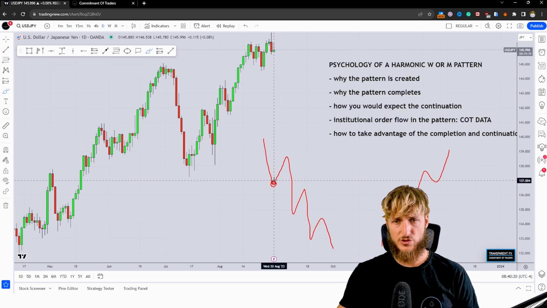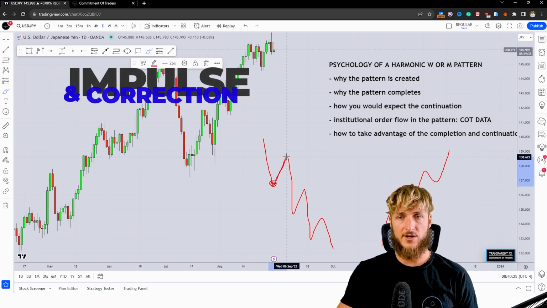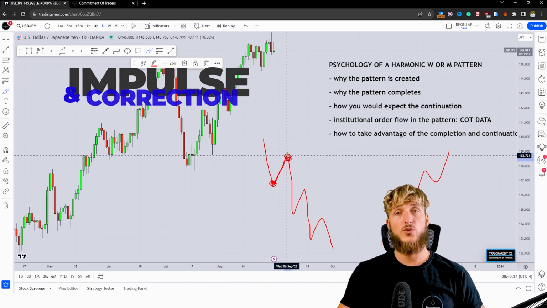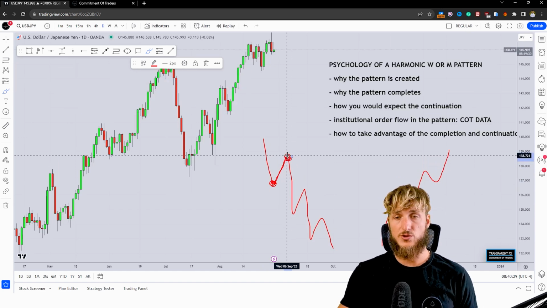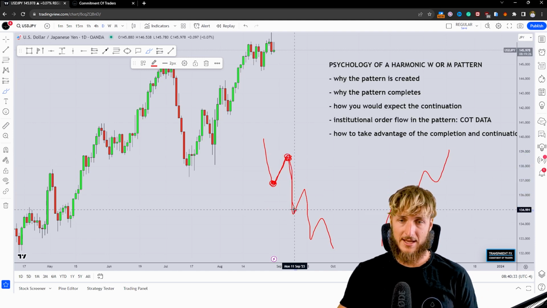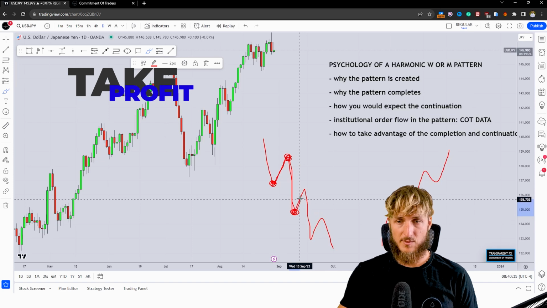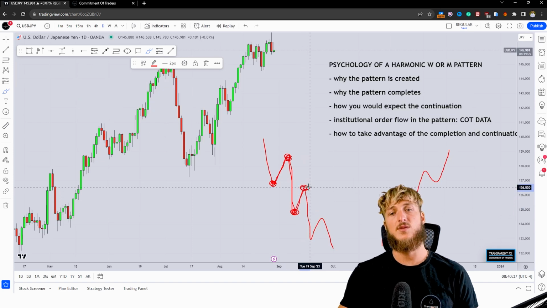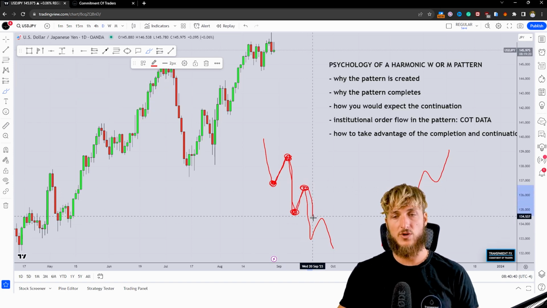So the market was trending lower, then institutions took their profits and a correction started. Then this gives the possibility to new sellers, potentially new institutions, to enter the market for another leg to the downside. Then again, we have profit taking, the market starts a correction, then this gives the possibility to new sellers to come into the market.